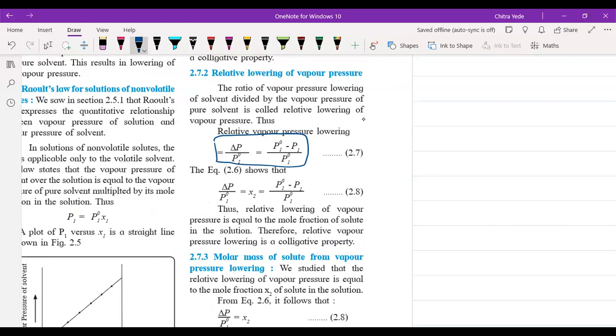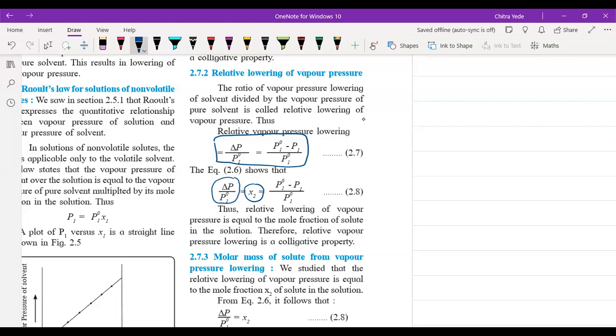See here, the relative lowering of vapor pressure totally depends on the amount of solute that we are going to dissolve, right? If you dissolve less solute, the vapor pressure lowering is going to be less.